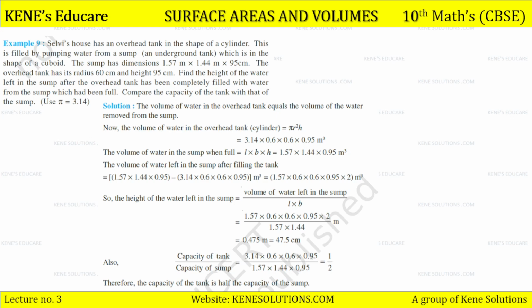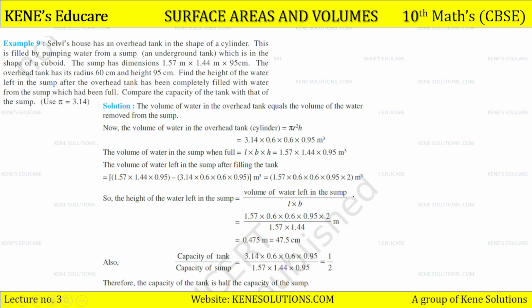The volume of water left in the sump after filling the tank, what comes here? 1.57 multiplied by 0.6 multiplied by 0.6 multiplied by 0.95 multiplied by 2 meter cube. So the height of the water left in the sump, volume of the water left in the sump upon L multiplied by B. So after calculation here, we get 47.5 centimeter.